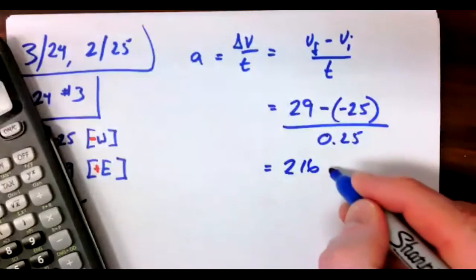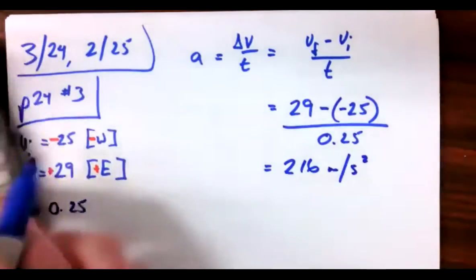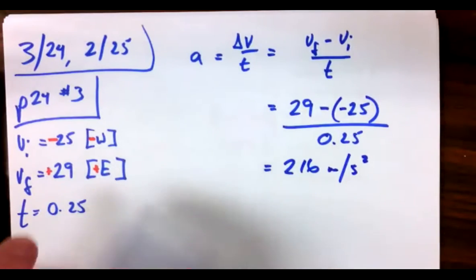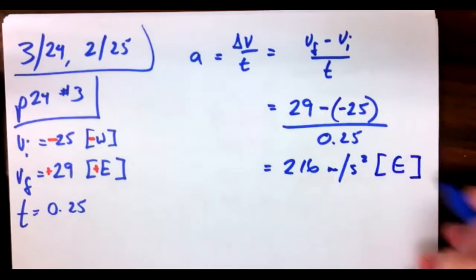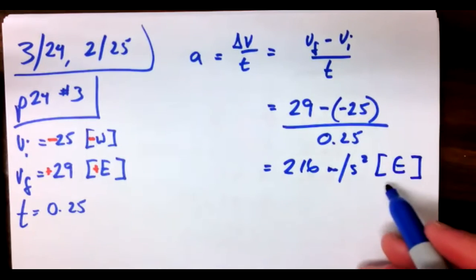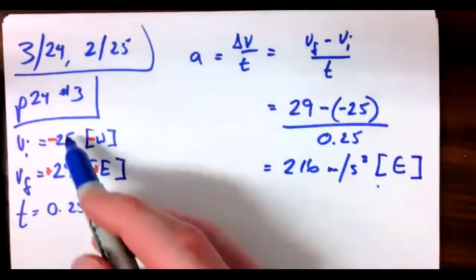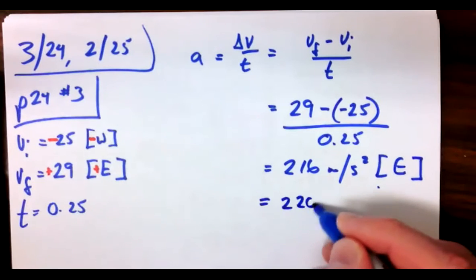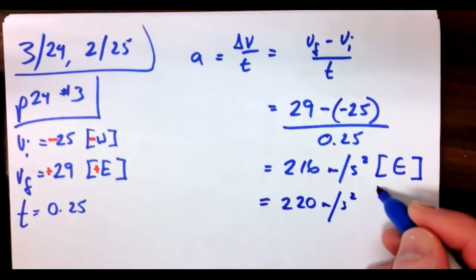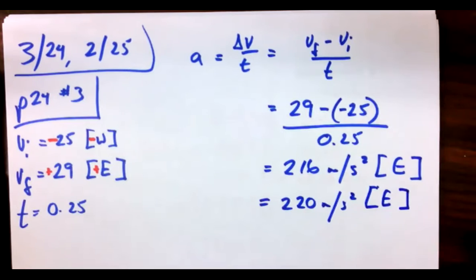And it's acceleration, so it's meters per second squared. And the direction, because it's positive, and we decided in the beginning that east is positive, it's 216 meters per second squared east. Now also notice everything is 2 sig figs, so we have to change it to 2. So that would be 220 meters per second squared east.